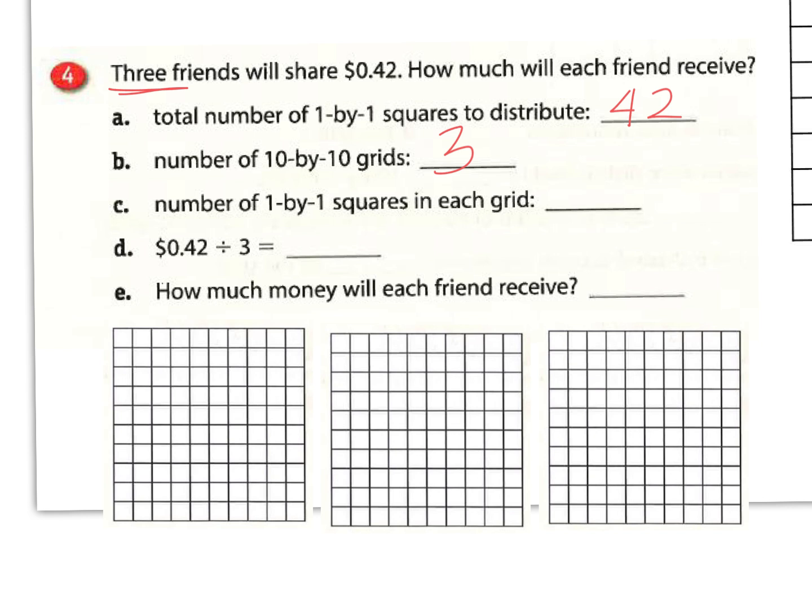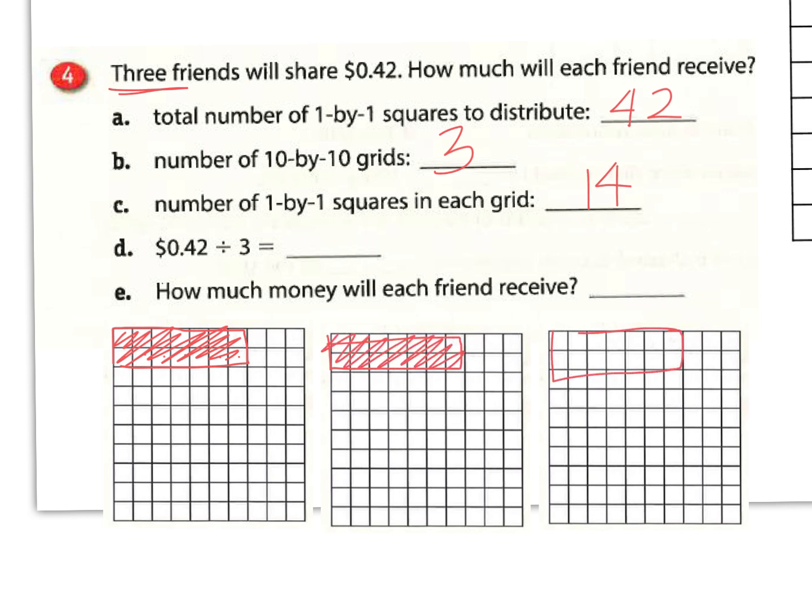So then the number of 1 by 1 squares that need to go in each grid is 14, because if we do 42 divided by 3, we get 14. So I'm going to just do 1, 2, and then 1, 2, 3, 4, 5, 6, 7. 2 times 7 is 14. So we have 14 in each 10 by 10 grid.